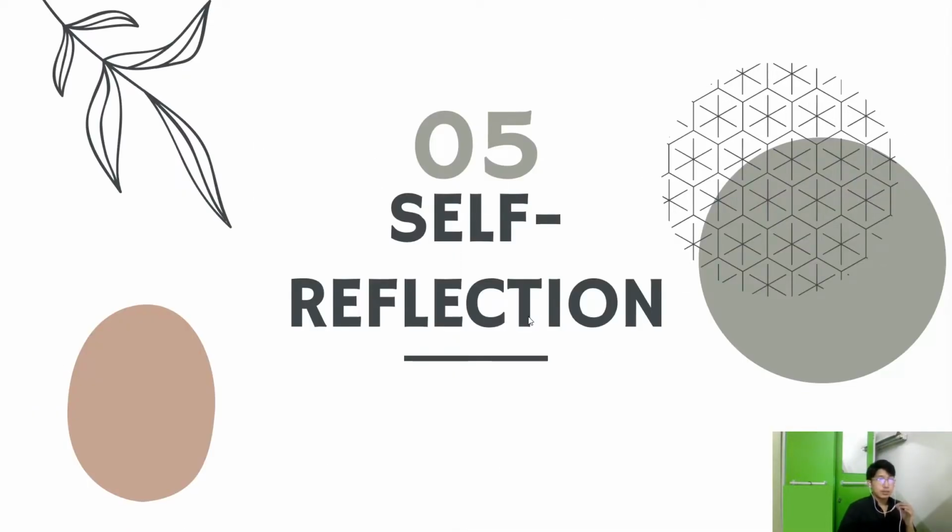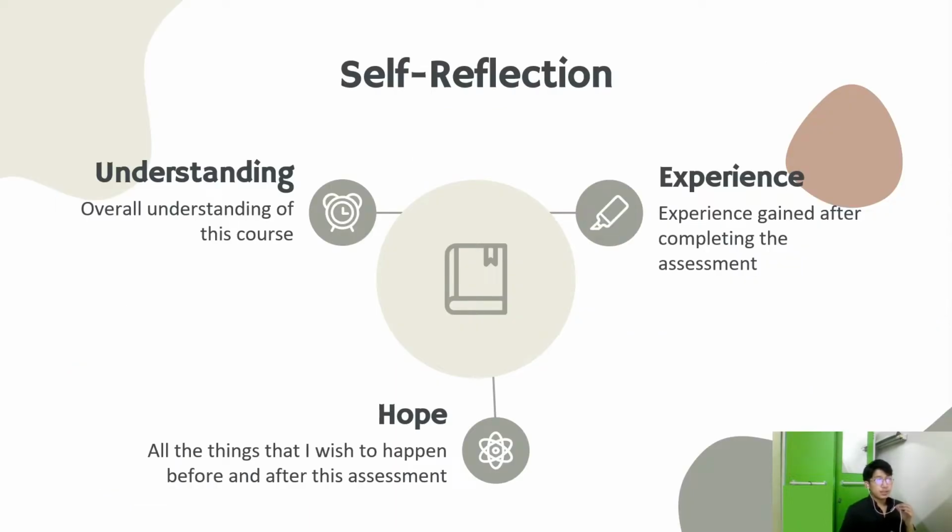Last in our slides is the self-reflection. First is understanding. What is my overall understanding of the course? Basically, now I understand the importance of requirement engineering in the bigger scope of software engineering, and how useful it is in making sure the product achieves what the stakeholder needs it to be.